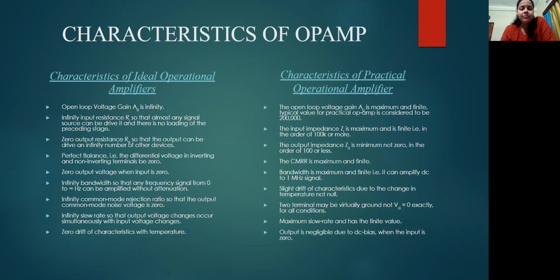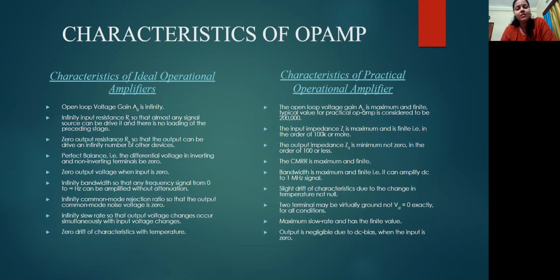Here, an op-amp can be ideal or it can be practical. Actually, some characteristics of an ideal op-amp get shifted when we are actually using it for practical purposes, like infinite gain for ideal op-amp, infinite input resistance, infinite CMRR, infinite slew rate.